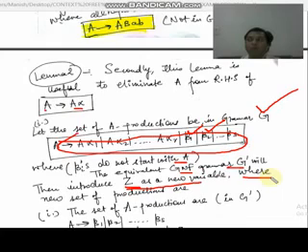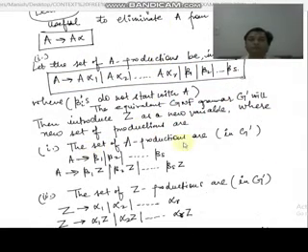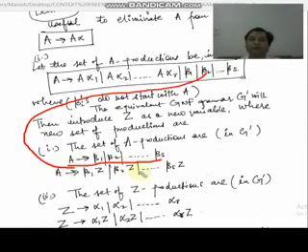The new set of productions are like this: the set of capital A productions in the resulting grammar G dash will be A to beta 1, beta 2 up to beta s, as in the original grammar G, but the new production rules will be like capital A to beta 1 Z, beta 2 Z up to beta s Z.